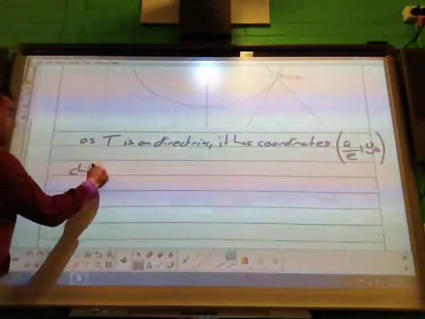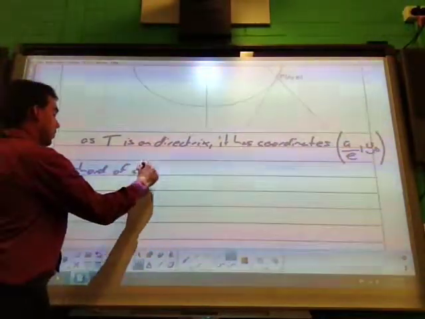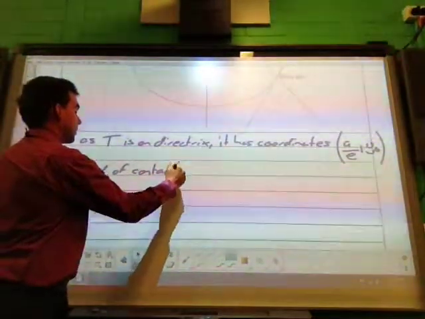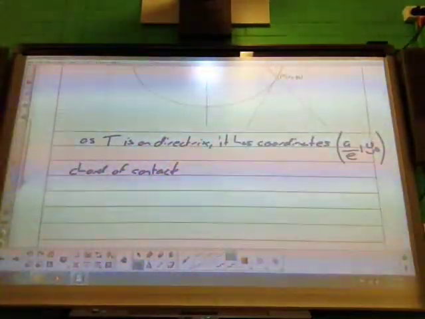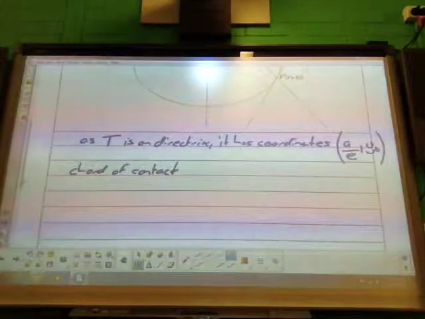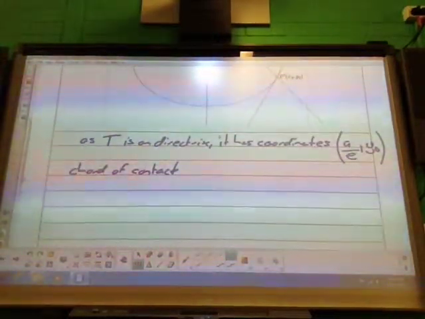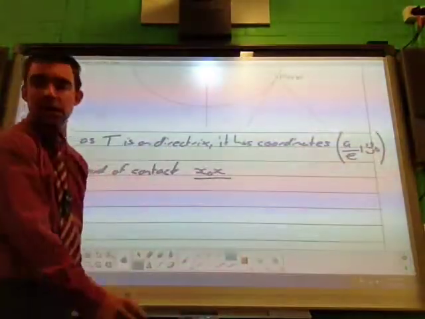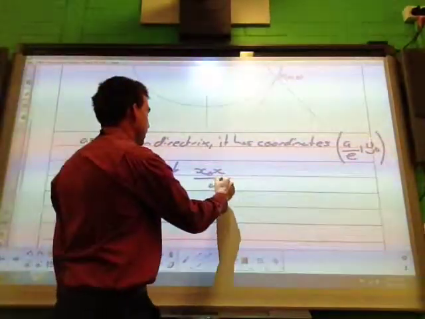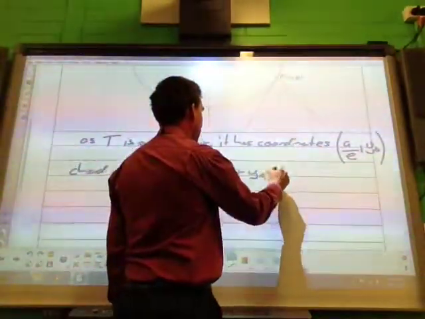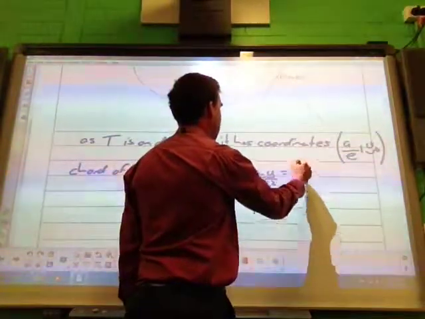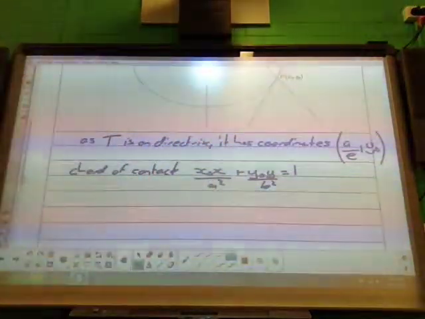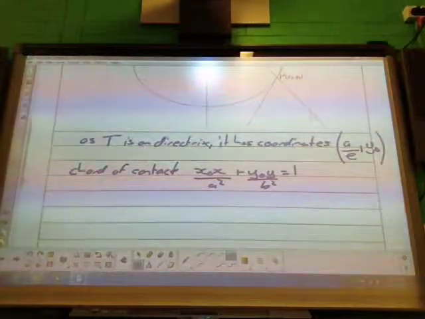Right, so the chord of contact for your ellipse, the first one we did, is x naught x over a squared plus y naught y over b squared is 1. Okay, so we covered that a while ago now.